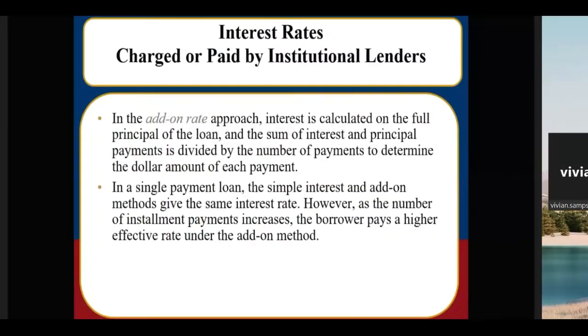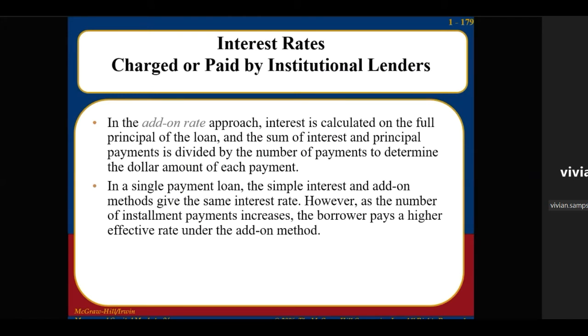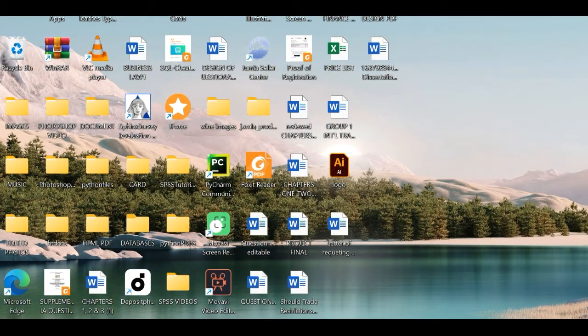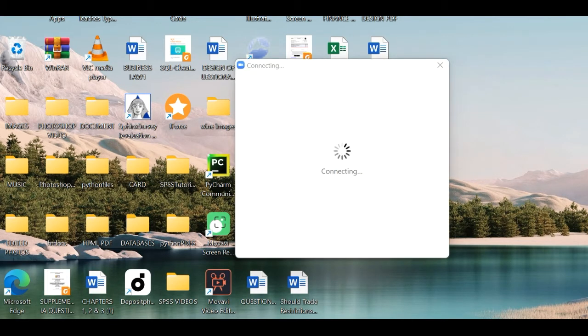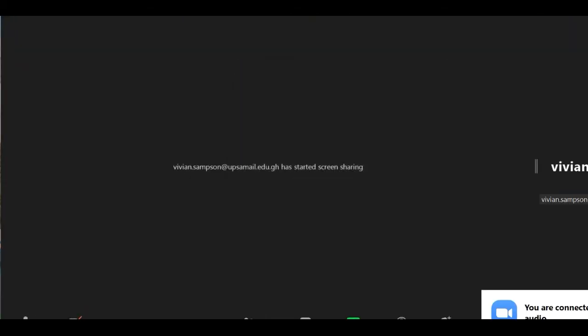Then we have what we call the discount loan method. For the discount loan method, when you take a loan, the interest that they charge is the rate of 10,000, which is 500.